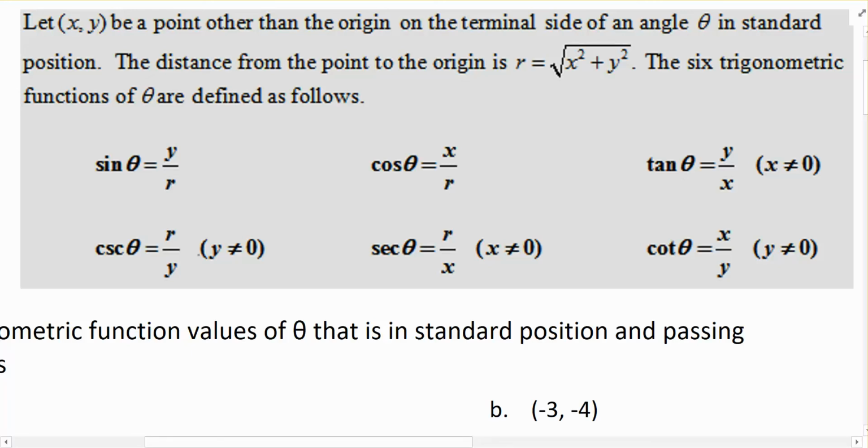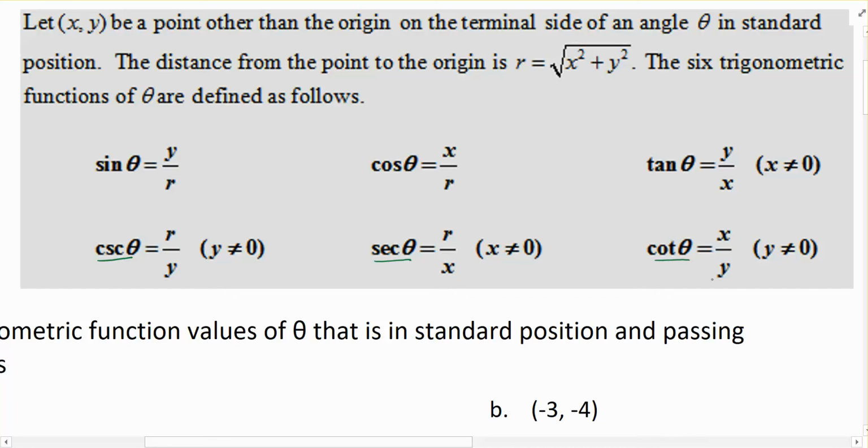But what about this second row down here? This second row says cosecant, secant, and cotangent. Cosecant of theta is defined as r over y, secant theta is defined as r over x, and cotangent is defined as x over y.